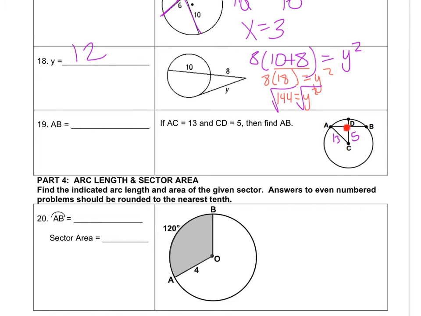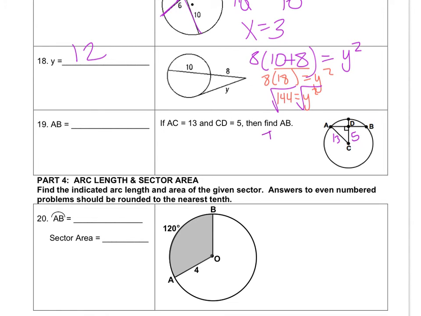So first we've got to look for this missing part, because remember that theorem that says if a chord is intersected with the radius and it's perpendicular, then it's going to cut the chord in half. Well, here's our radius, here's our chord. They're perpendicular and they intersect. So I know whatever A to D is, D to B is the same thing, because it's going to bisect. Bisect means cut in half. So I'm looking for this missing blank right here. I have a 5, blank, 13 triangle.